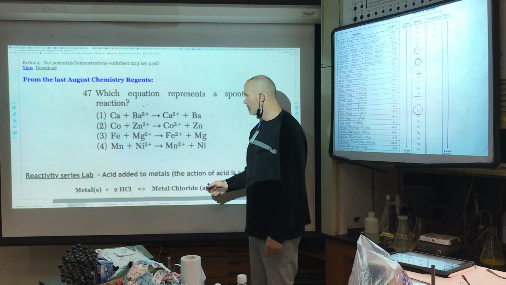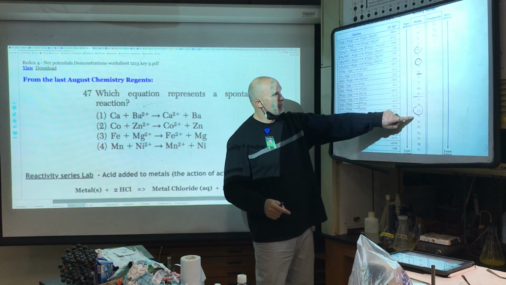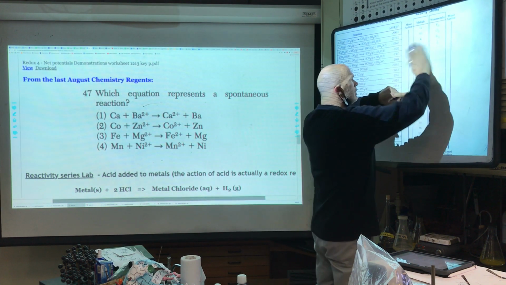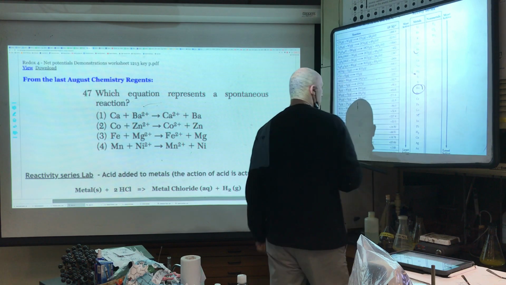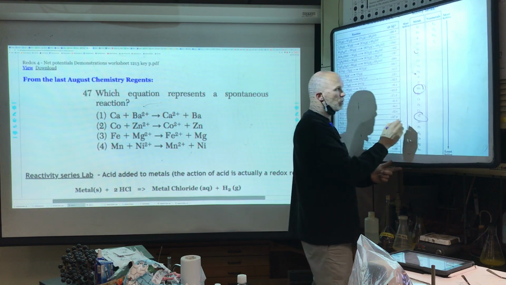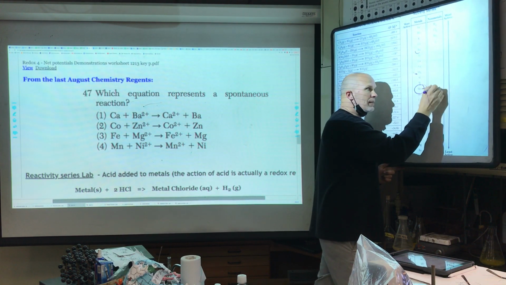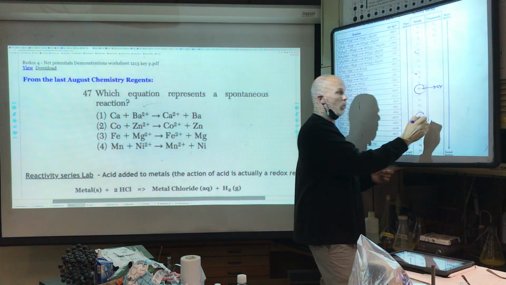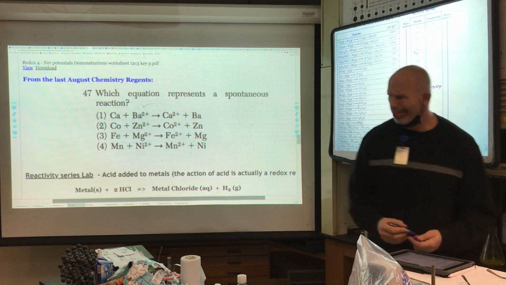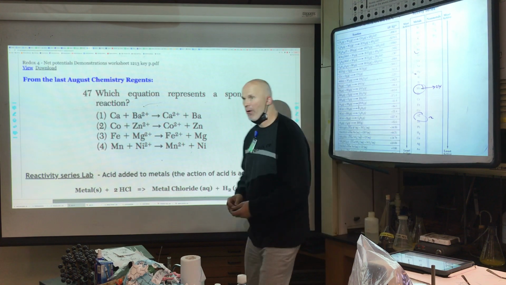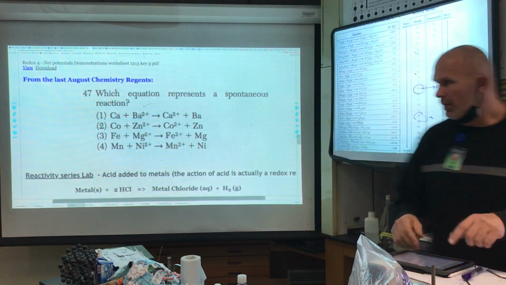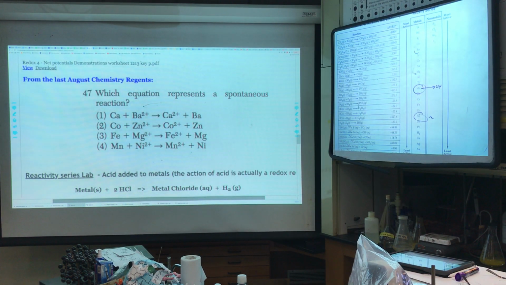So we're left with manganese, Mn. Is it higher than nickel? And it is, which means that this will oxidize and the ion of nickel will reduce. But that's all you have for the regions. Okay? Moving forward. Can't stand it, but I had to go over it.